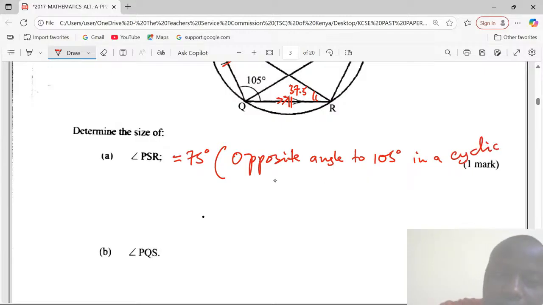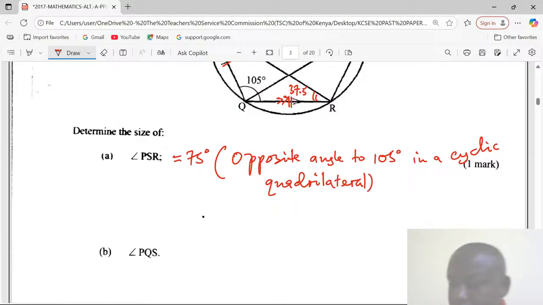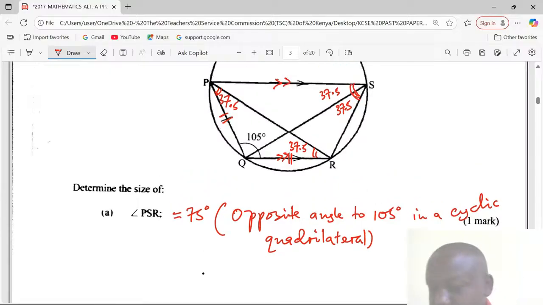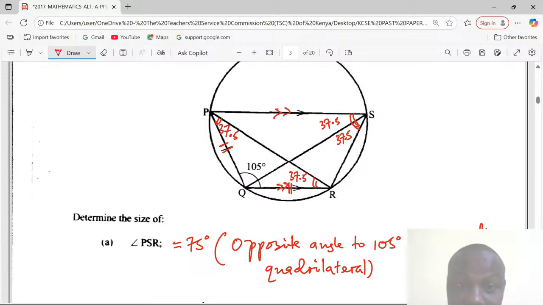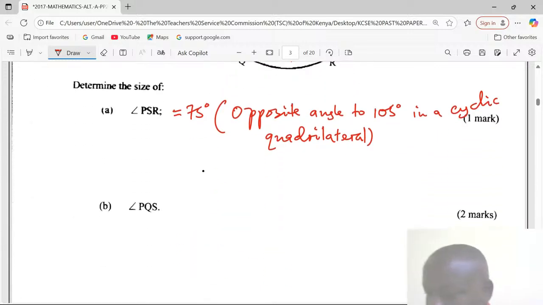In a cyclic quadrilateral, opposite angles must add up to 180.